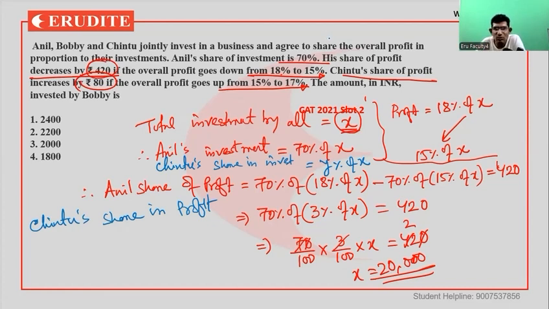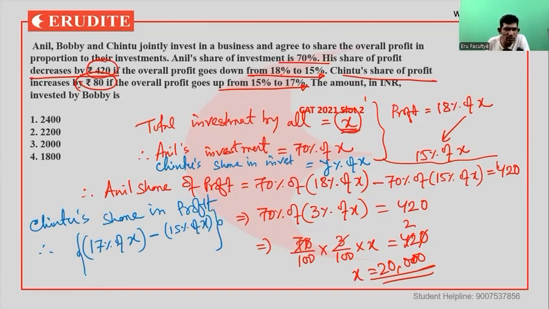So Chintu's investment is y% of X. Therefore, Chintu's share in profit will also be y% of X. So how will Chintu's share in profit change? If the profit is 17%, then the actual value of profit will be 17% of X. And if it becomes 15%, then it will be 15% of X. And Chintu's share in profit will be y% of this in each case.